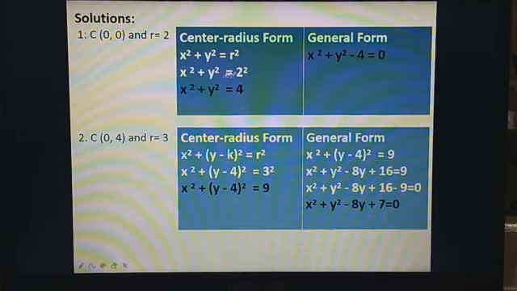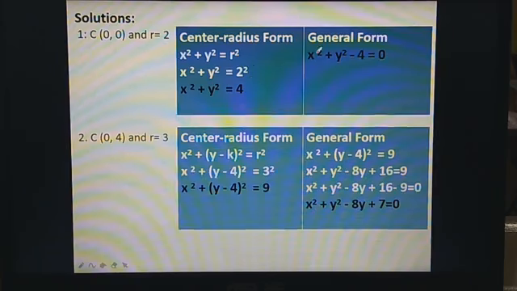Kasi kung nakuha na natin ang center radius form, i-expand na lang natin siya or isi-simplify na lang natin siya papunta dun sa form na x squared plus y squared plus dx plus ey plus f equals 0. Since here, wala tayong dx, wala tayong ey, pero meron tayong magiging f value which is the constant term.